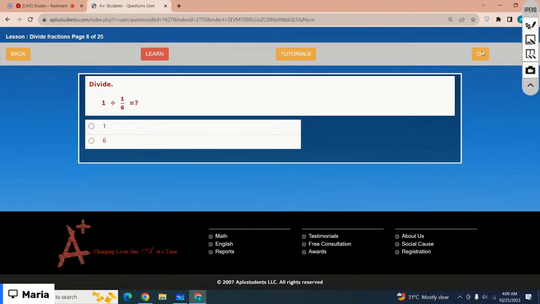Okay, 1 divided by 1 over 6. So, which is the correct option? That is 6.